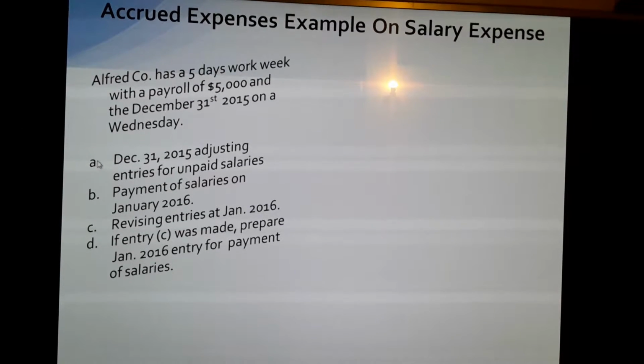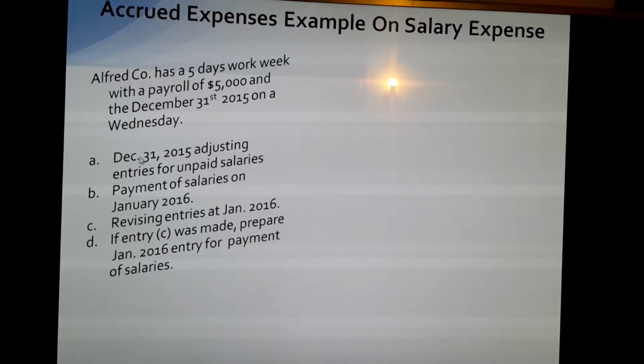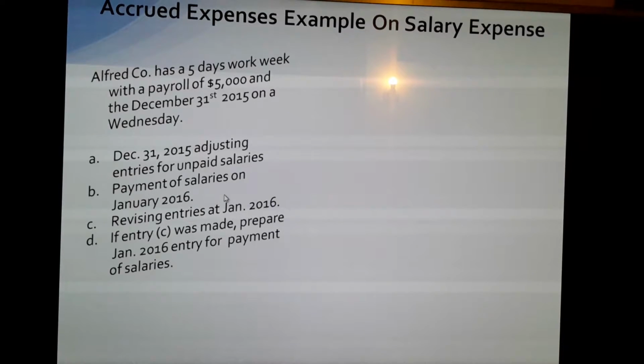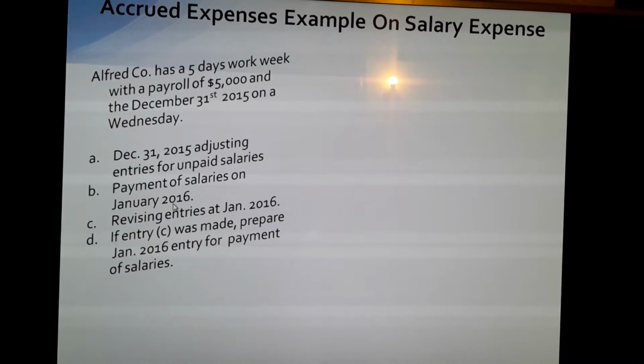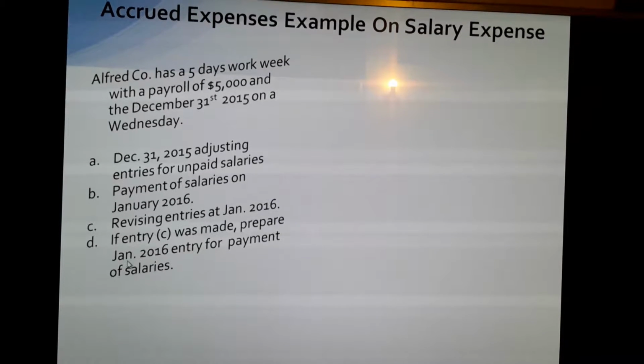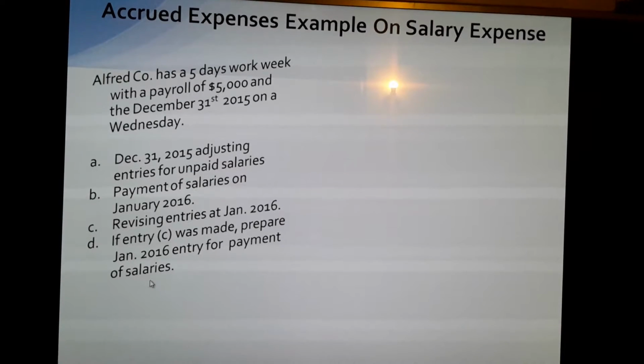They ask us to prepare the December 31st adjusting entry for the unpaid salary, the reversing entry, and, if the reversing entry were made, the January 2016 entry for payment of salary.